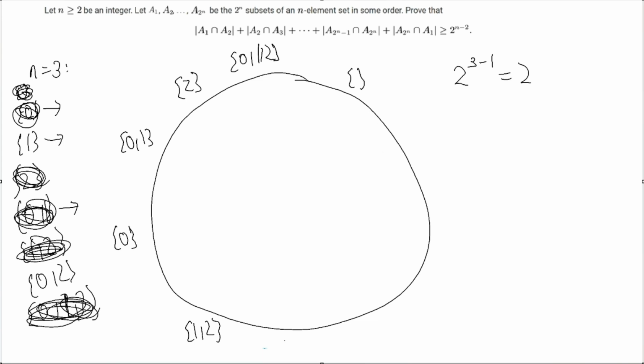So let's go ahead and assume that we put 1 here and then 0, 2 here. Now, we're hoping that this will end up minimizing the amount of contribution we have. And when we do this, we get 0, 0, 0, 1, because these two are in common. And then 0, and then this is 1. This is 0, and this is 1. So we get a total of 3 in this case.